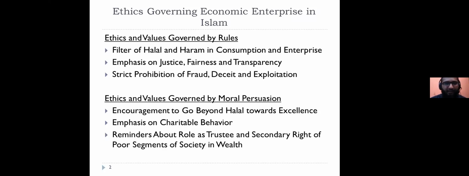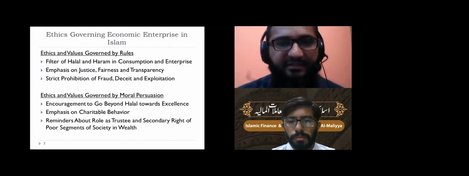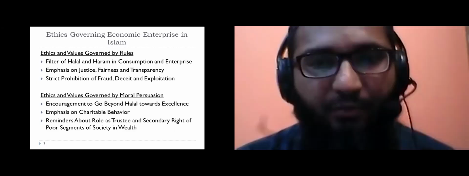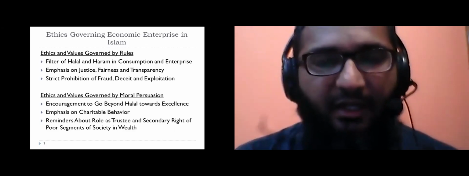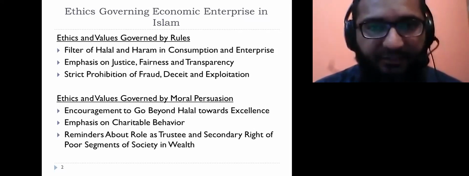And then there are reminders about our role as trustee, and having this feeling in our hearts that there is a secondary right of poorer segments of society in wealth. So this is in a nutshell what Islamic principles ask us to do. These are the principles emphasized in the Islamic sources of knowledge, which include Quran and Sunnah, which guide and should govern our economic behavior in the markets.